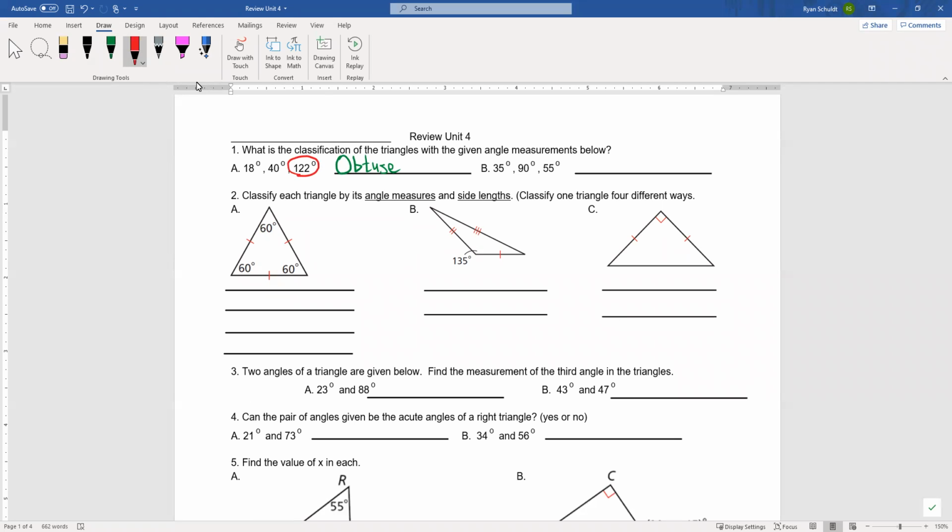If we look at the next one, we've got 35, 90, 55. The 90 is a right angle, and that makes this a right triangle.